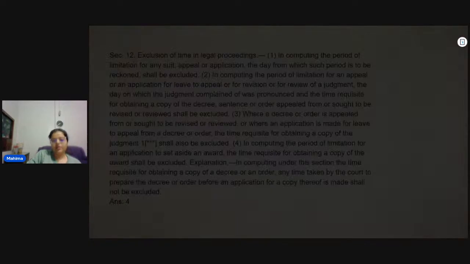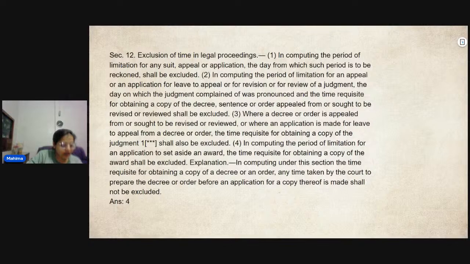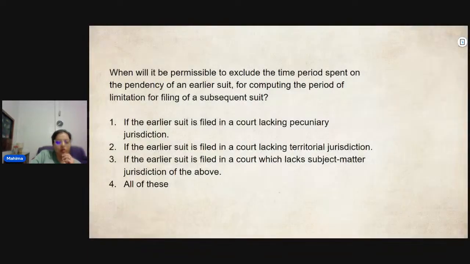Yes. Okay. No, not two, but Section 12, the exclusion. The correct answer is option number 4. All the three clauses are mentioned here under Section 12, and all the things are excluded. Why B?